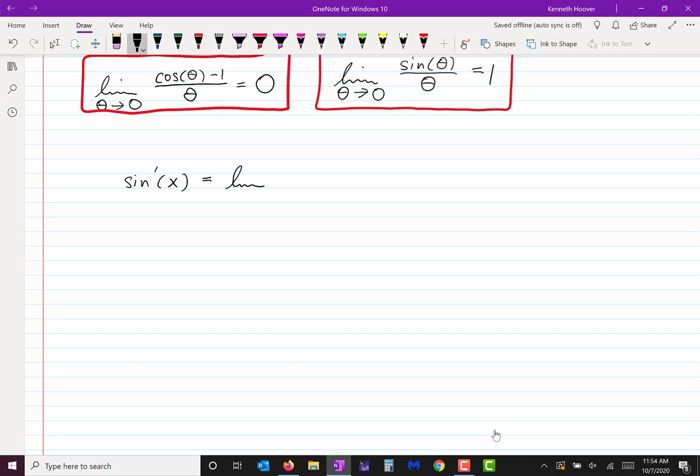It equals the limit as h goes to 0 of sine of x plus h minus sine of x over h. Now there's a trig identity for that, sine of x plus h. Okay, we know what that equals.